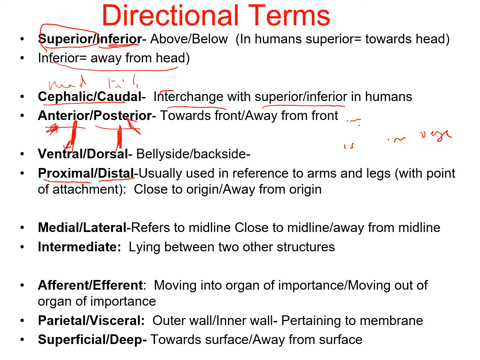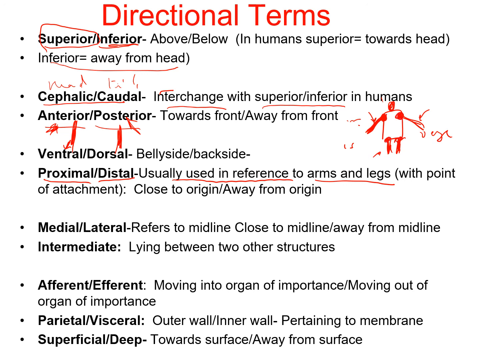Proximal is used in reference to the arms and legs, to the point of attachment. Okay, let's just say this is the torso, that's the head, and these are arms and legs. So proximal and distal are used in reference to the limbs of the body with the point of attachment. So in this case, the point of attachment is the torso.